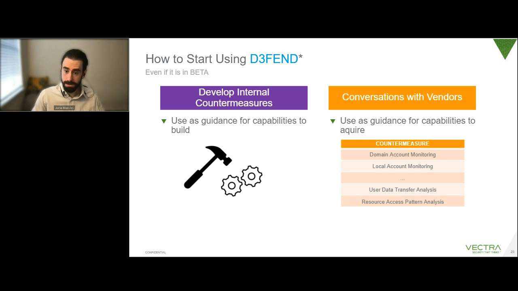It's a more direct, how are you doing it question that you can ask. And again, some of the caveats about ATT&CK apply here. It's not an exhaustive list, but it definitely helps guide you in a direction where you can think through and talk about what your coverage is and understand what's there.